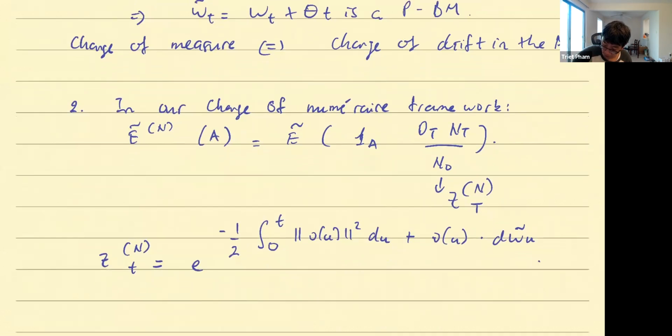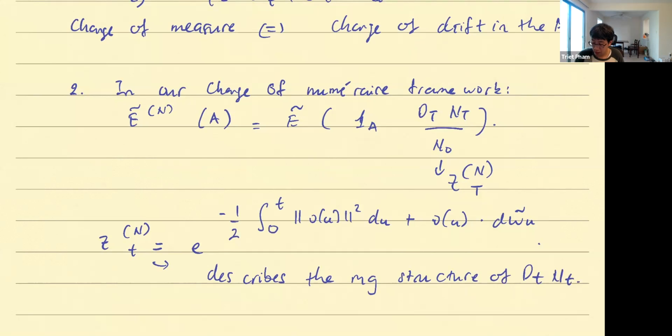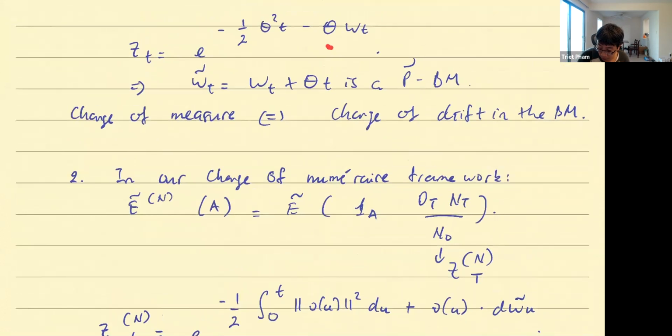So this basically describes the martingale structure of D_t N_t. Don't worry about it too much. The point is, you can think of this as the theta right there.